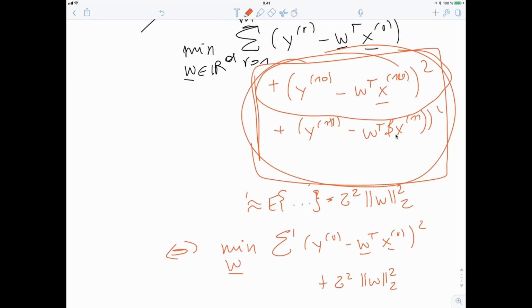Did any one of you see such an optimization problem or know how this machine learning method is called? Yes. That's ridge regression. Very good.